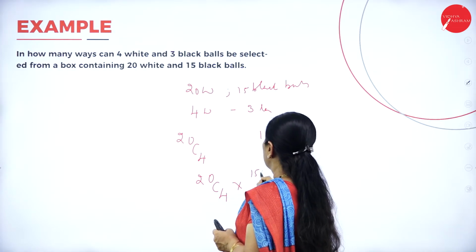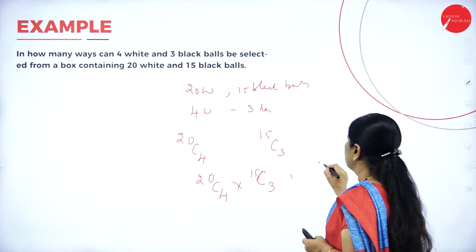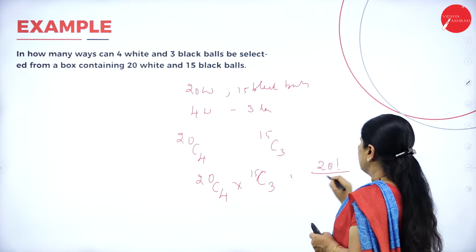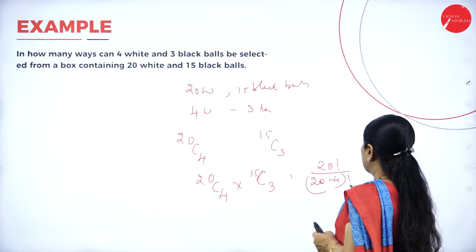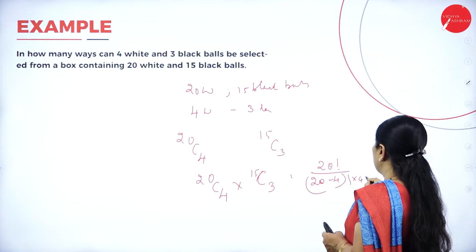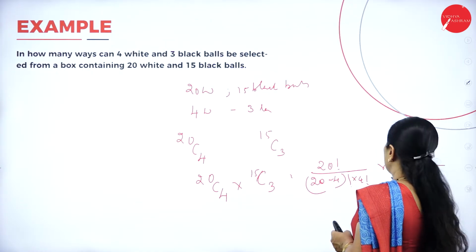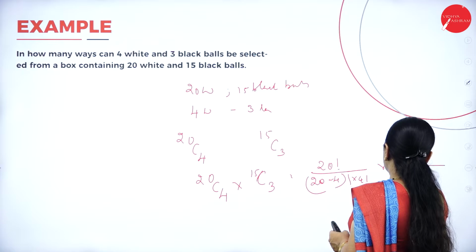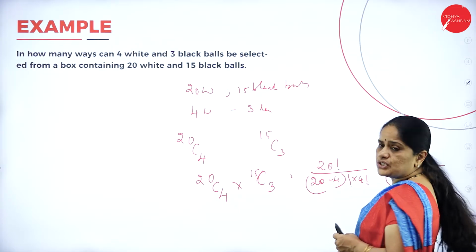So, what will be the combination? 20C4 into 15C3. So, this will be equal to 20 factorial by 20 minus 4 factorial into 4 factorial, into 15 factorial by 15 minus 3 factorial into 3 factorial.